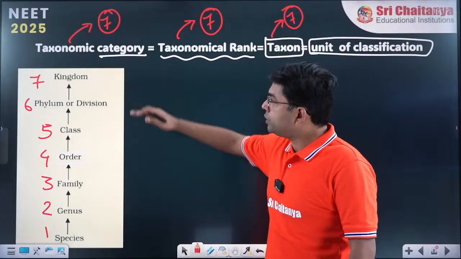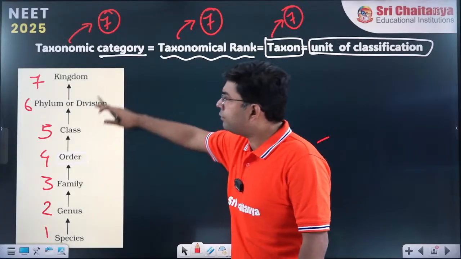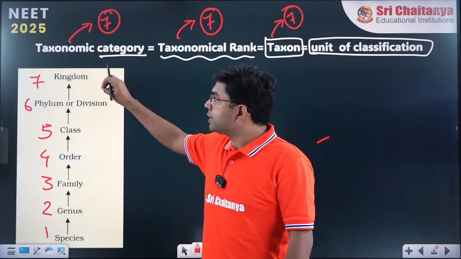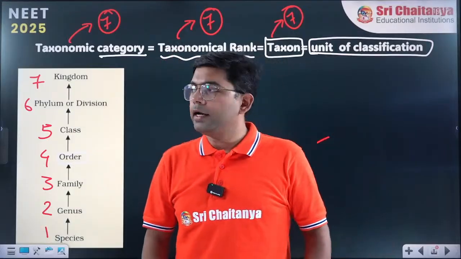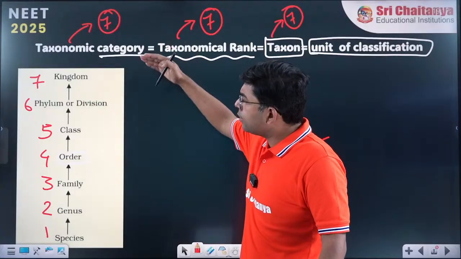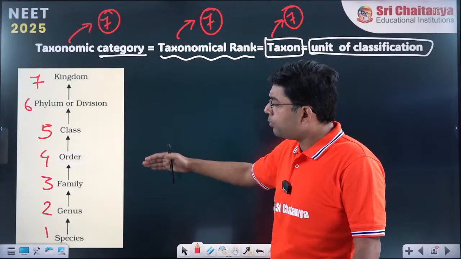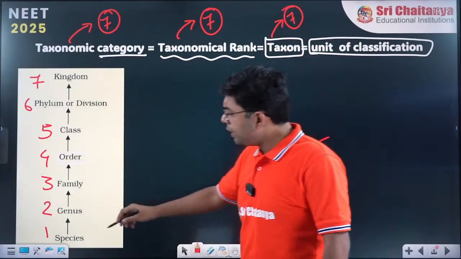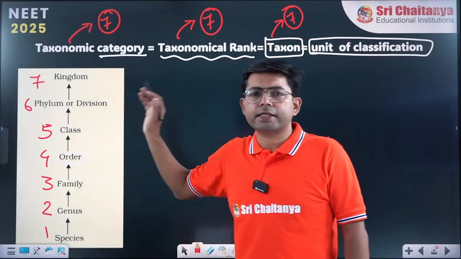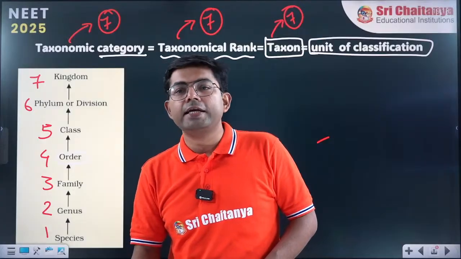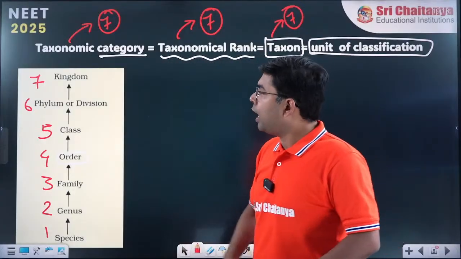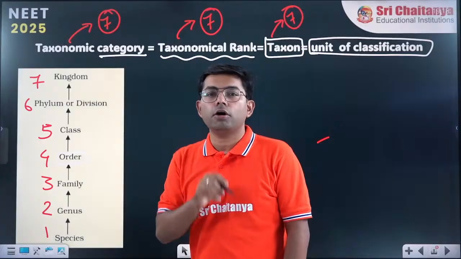You will be asked to arrange these taxonomical categories in their correct order: kingdom, phylum, class, order, family, genus, species, either in decreasing rank or increasing rank. One thing students usually find difficult is how to remember the exact order.